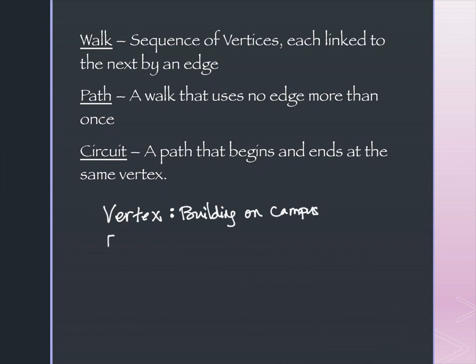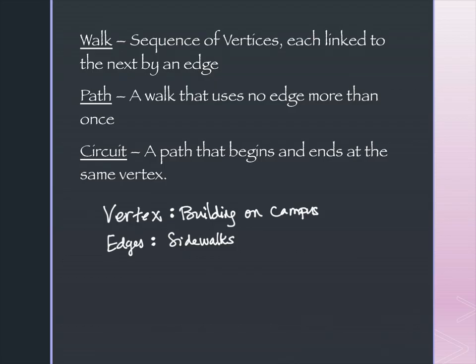And that the edges are the sidewalks. And we can extend the idea of sidewalk to cross the streets and stuff like that. That's okay for the purposes of what we're discussing.